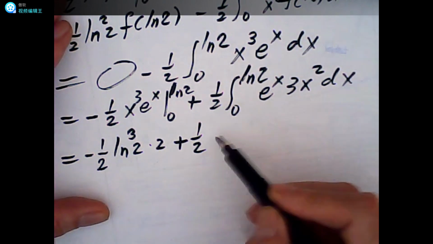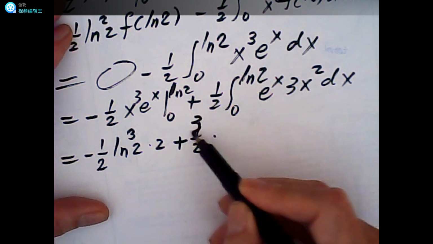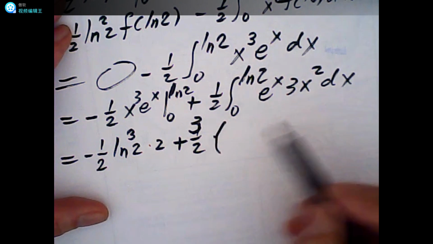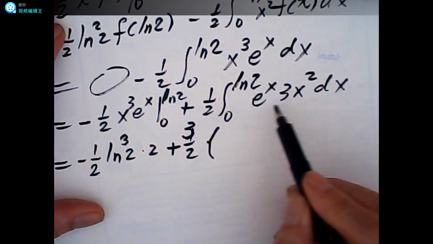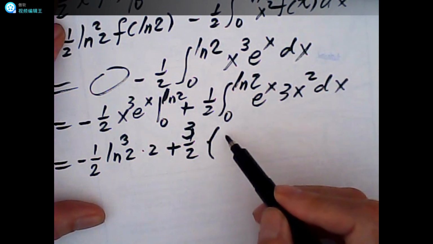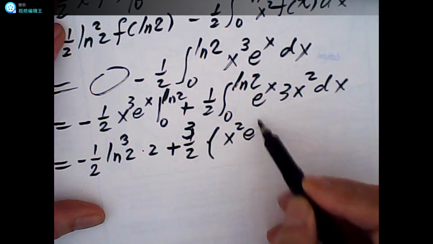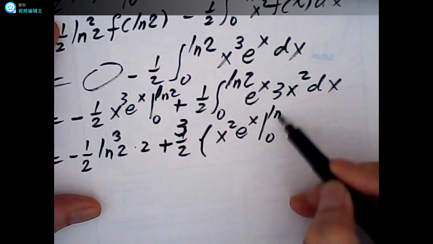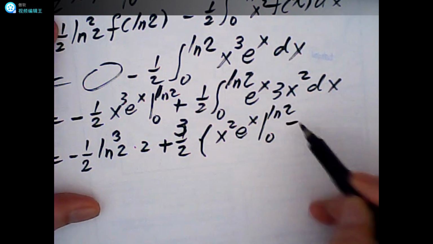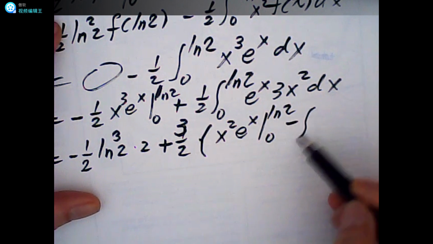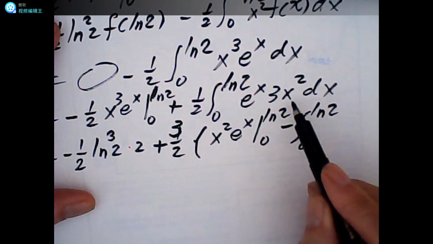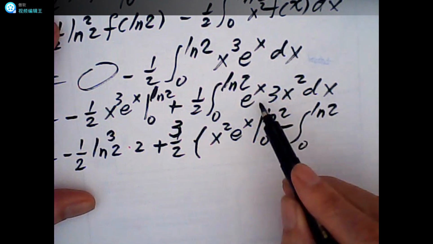Now, take 3 out, and uv, right? This is v, this is u, from 0 to log 2, minus integral from 0 to log 2 of v du. U is x squared, right?